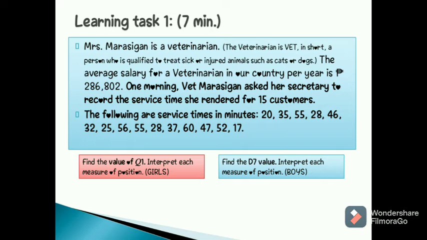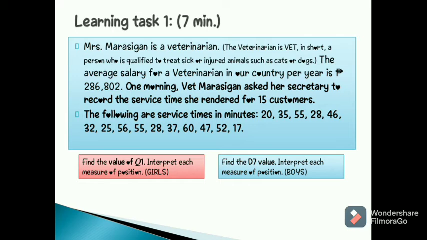For girls, find the value of quartile 1; interpret each measure of position. For boys, find the D7 value; interpret each measure of position. You can pause this video if you want to answer this.